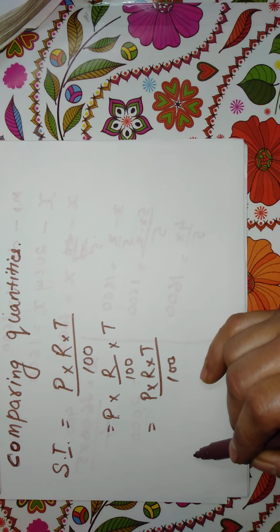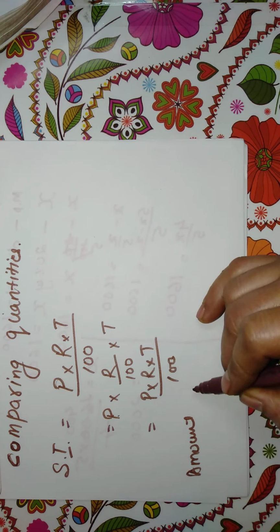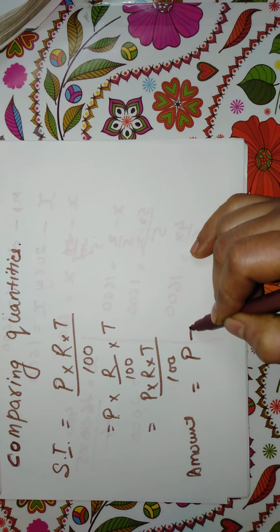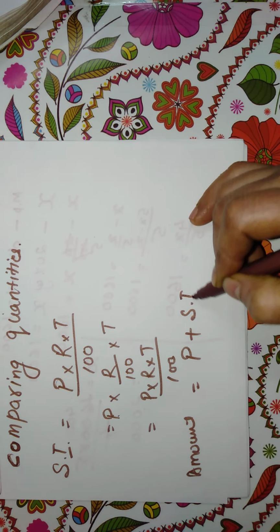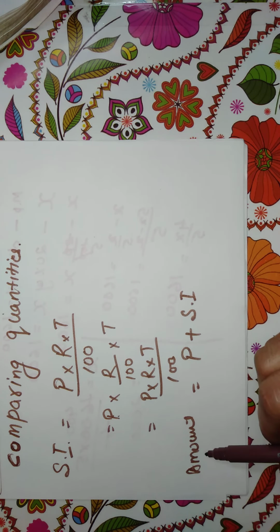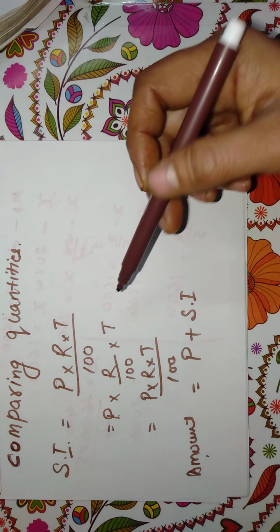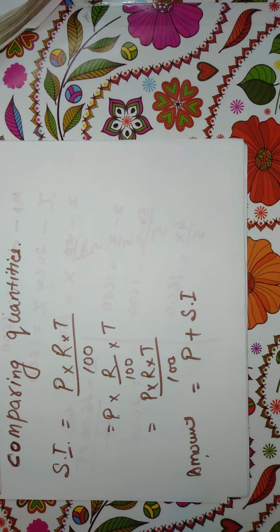Then the amount paid will be equal to the principal plus the simple interest. This will be the total amount that we'll get after the completion of the time for which the money is deposited.